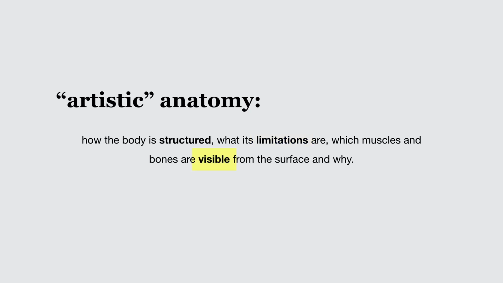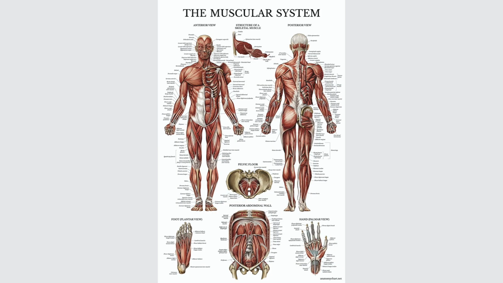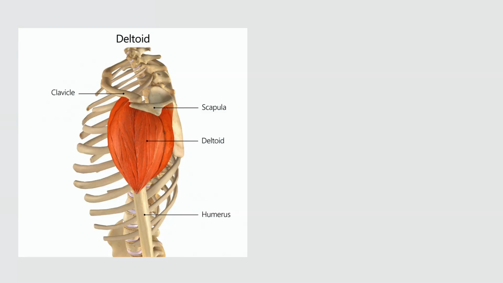Lastly, I've emphasized visible because beginners often assume you need to spend countless hours studying every little bone and muscle that makes up the human body, which can make anatomy seem a lot more intimidating than it needs to be. This may be relevant if you intend on doing anatomically accurate medical illustrations, but that's the only exception that I can think of. Should you know what the deltoid is?